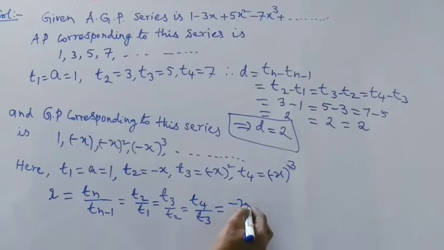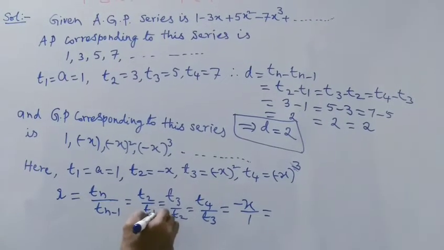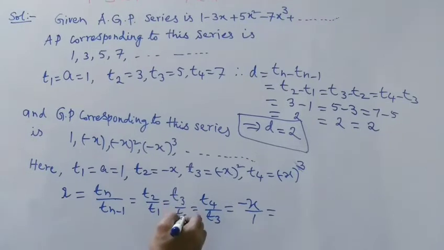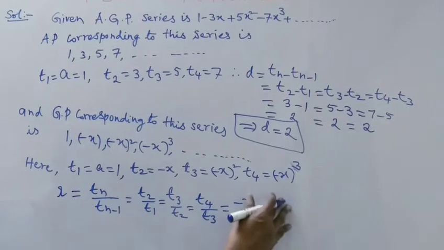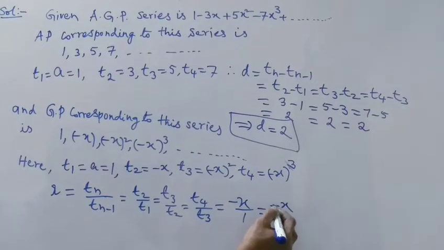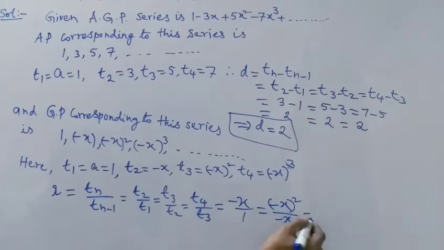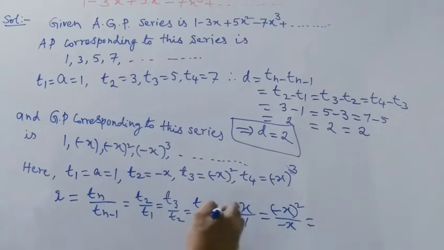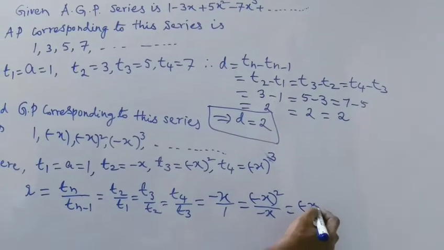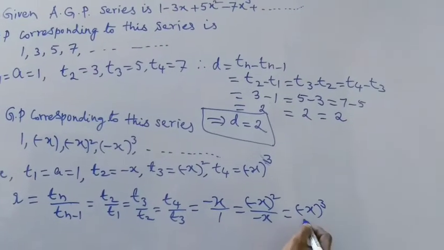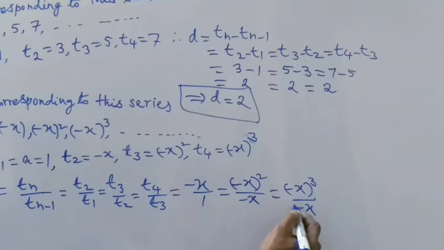T2 by T1 is minus x by 1, T3 by T2 is minus x whole square by minus x, and T4 by T3 is minus x cube by minus x square.